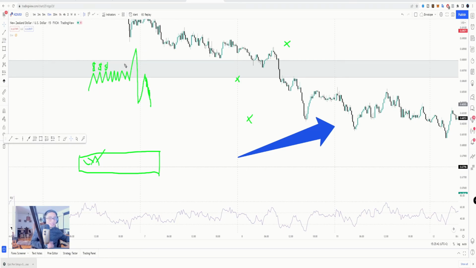So if we can stick to something like this, if we can have a finite definition of our perfect entry, and we can stick to that and measure how many times that actual entry works and compare it to how many times it doesn't work, that's the only way you're going to move forward here.